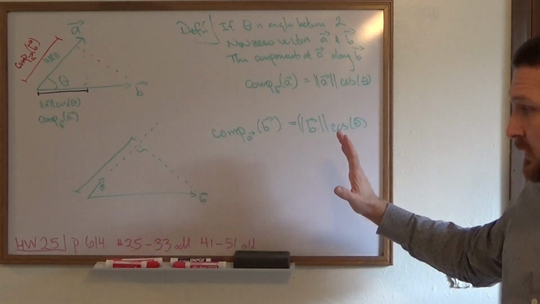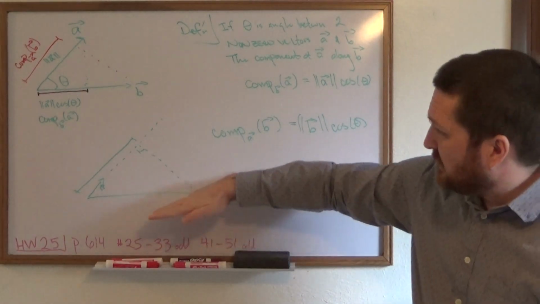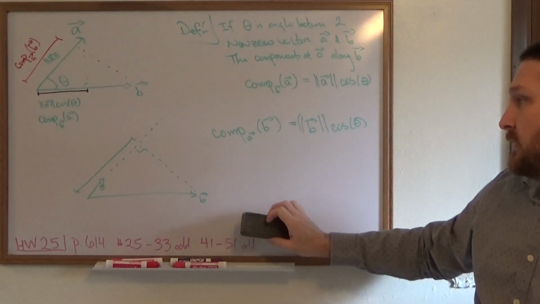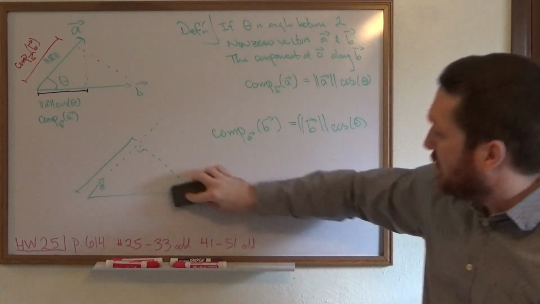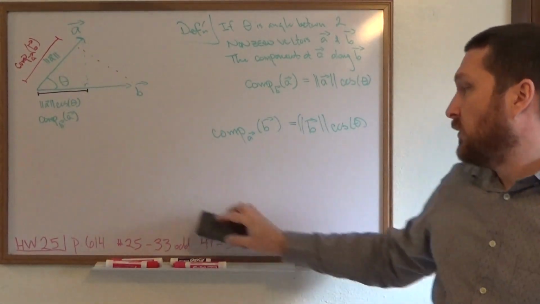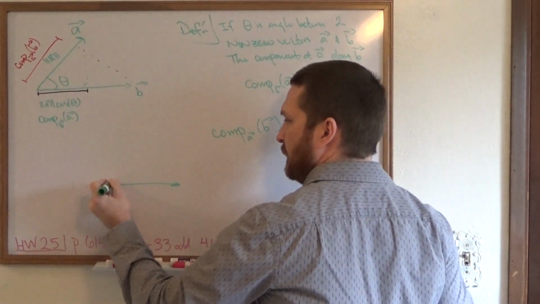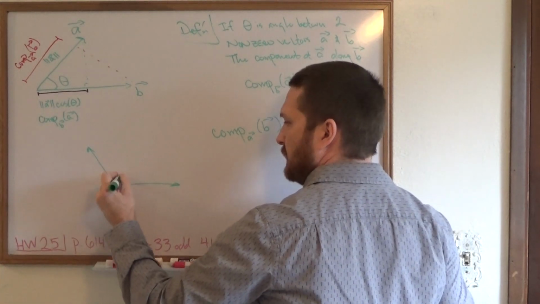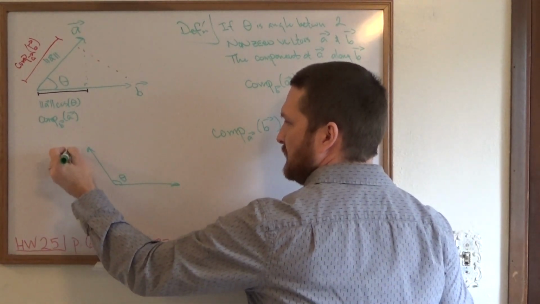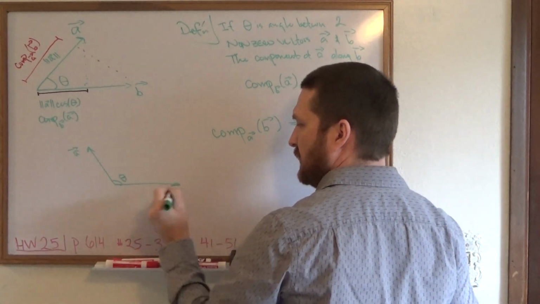That could happen. We call it the component. Another thing you could do is, what if you have an obtuse angle between them? Something like this. There's theta. If this is A, and this is B.